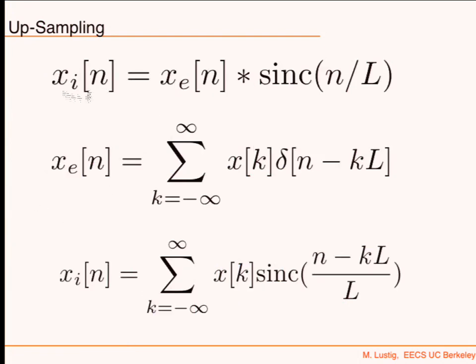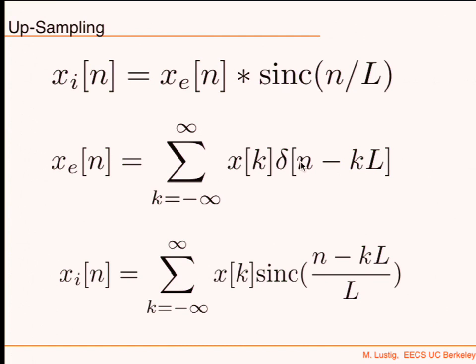So in the upsampling case, x sub I of n is equal to x sub e of n convolved with sinc of n over L. Okay? So really, what is x sub e? x sub e of n is a kind of a convolution with a train of these shifted deltas, discrete deltas. So it's a convolution in the discrete domain with this discrete impulse train, much like we did in x sub s.